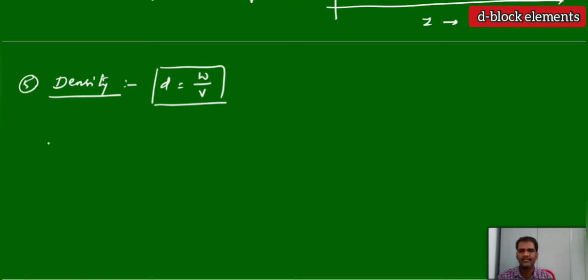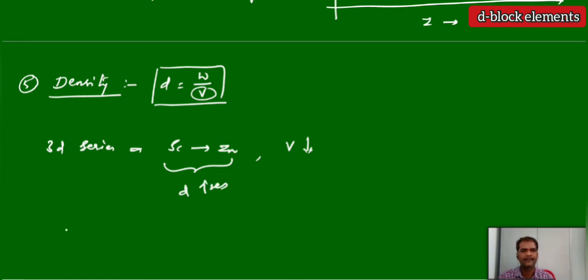Again in the 3D series, as usual, from scandium to zinc, Z effective increases, so the size decreases. Meaning the atomic volume decreases. Size is nothing but atomic volume. From scandium to zinc, the volume decreases. If the volume decreases, what happens? The density values increase. In the 3D series, from scandium to zinc, density increases.